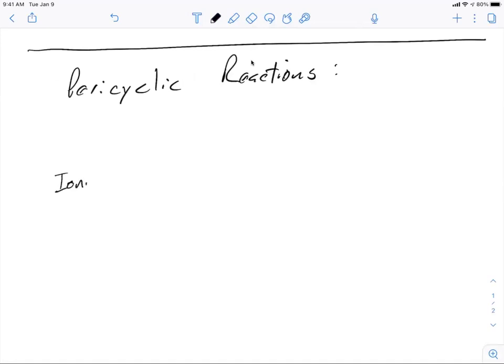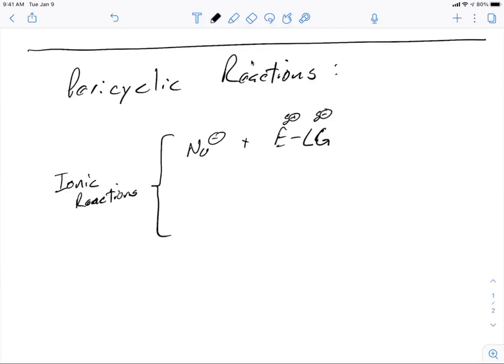So we had ionic reactions. And the ionic reactions that we had were the nucleophile, with negative, reacting with electrophile and leaving group. And then we take two electrons, an ionic species, have that react, and we end up with the nucleophile now attached to the electrophile plus our leaving group.